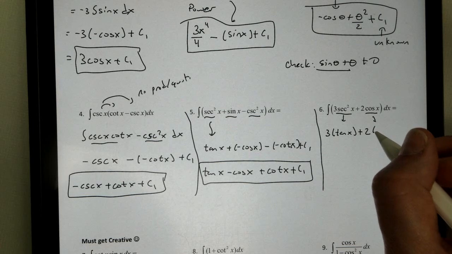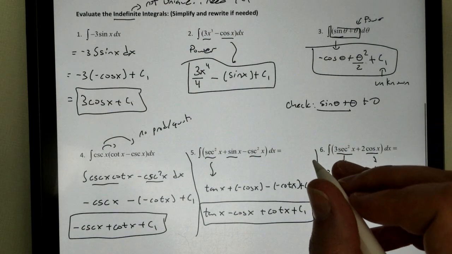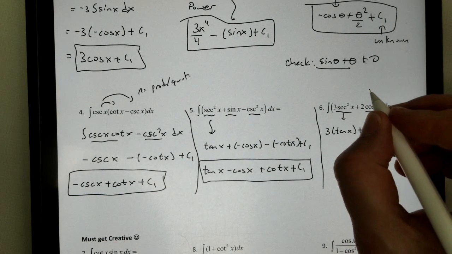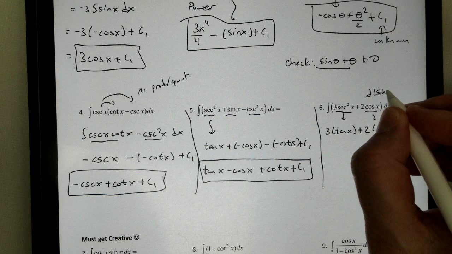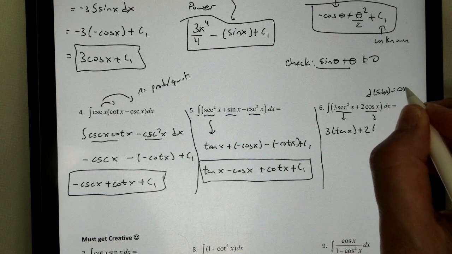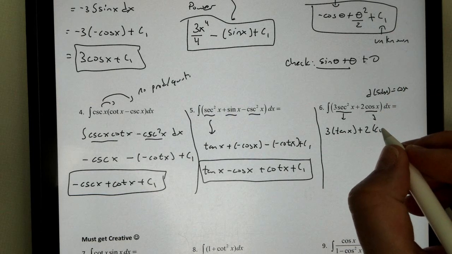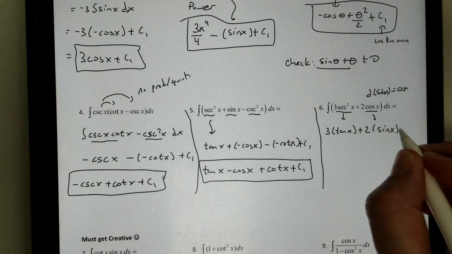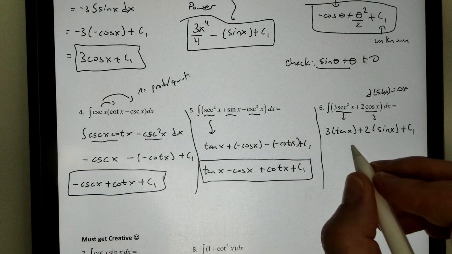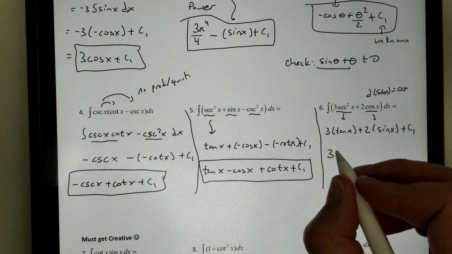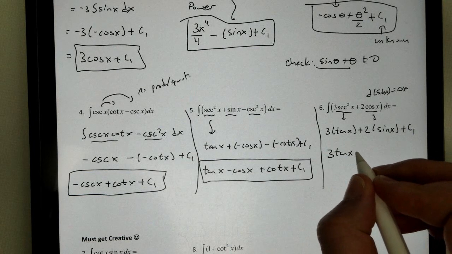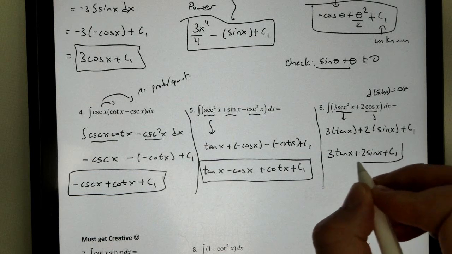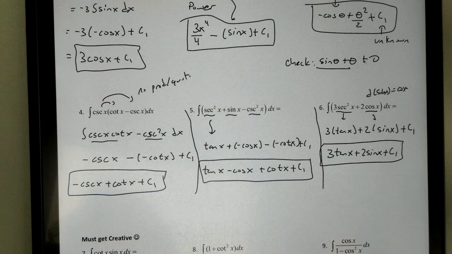We go up here, it is just sine of x. The derivative of sine of x is cosine of x. So this is just sine of x, and don't forget the constant of integration. So I'm going to rewrite it just to get rid of the parentheses, make it look nicer, that's all. Plus your constant of integration, and there's our answer.